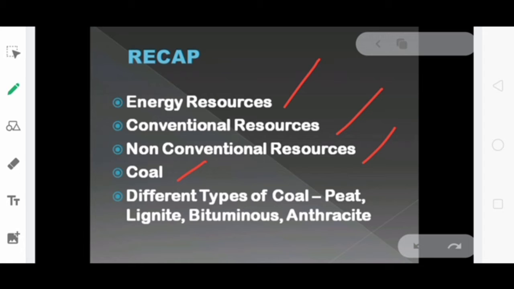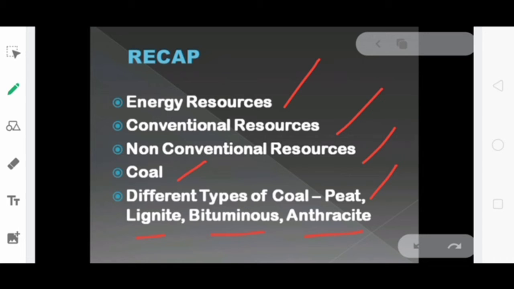And we have seen that coal is of different types: peat, lignite, bituminous and anthracite. We have seen that peat is the first stage of transformation. It contains less than 40 to 55% carbon and it contains more impurities. Then we have seen lignite, which is a lower grade coal consisting of 40 to 55% carbon. It is also called brown coal.